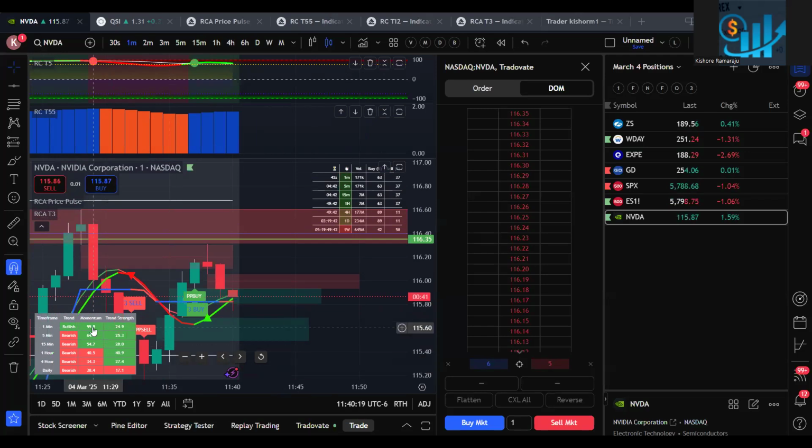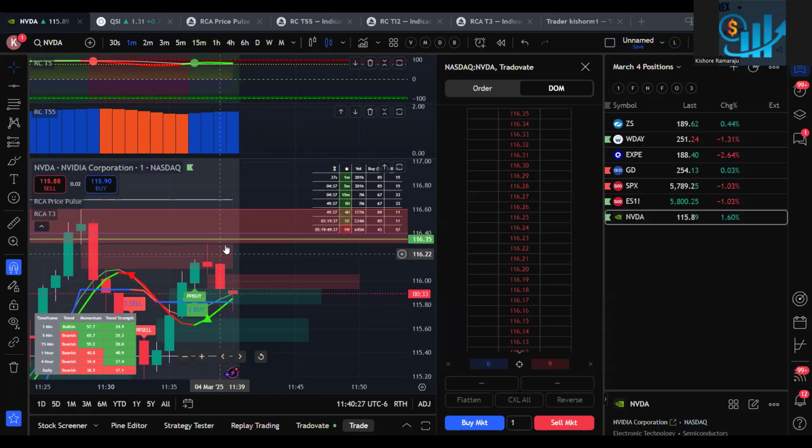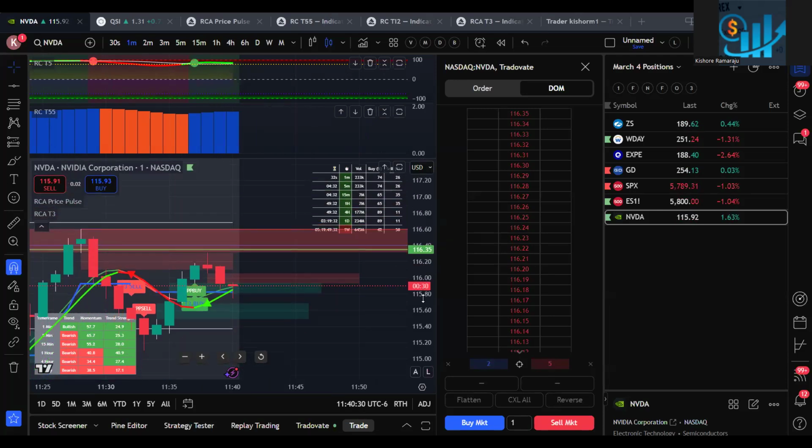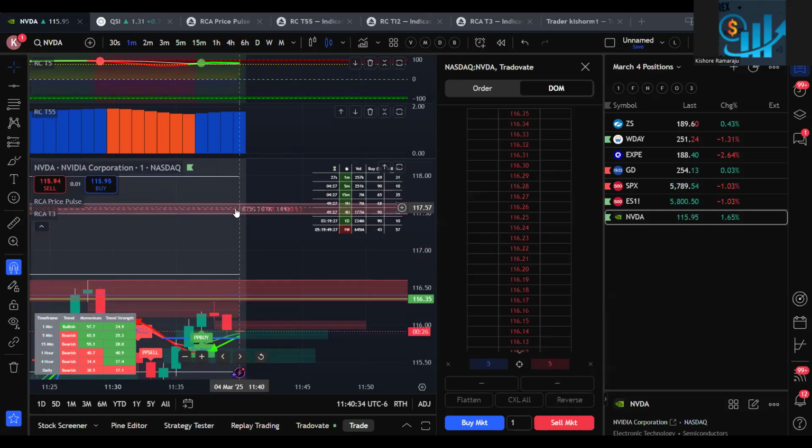Now for Nvidia, the momentum on 1 minute, 5 minute, 15 minute, everything is green. Trend strength is also green. So there is a high possibility for Nvidia to go all the way to 117.5. That is the target.